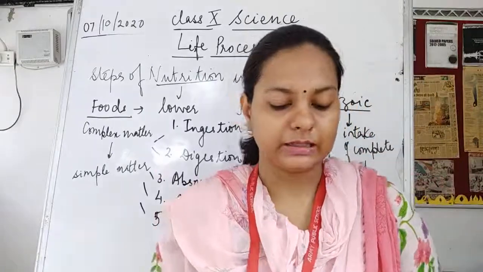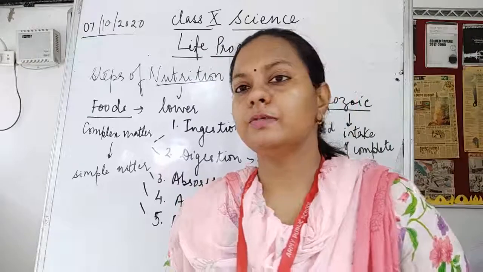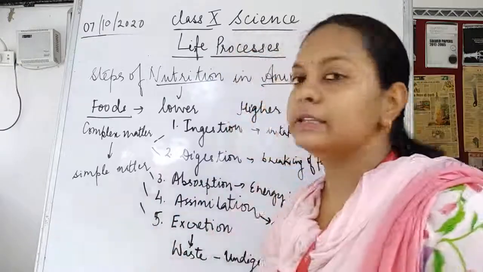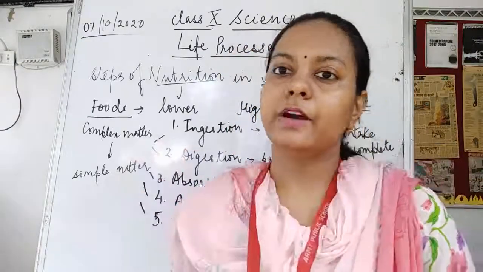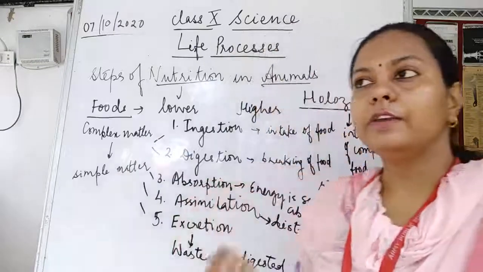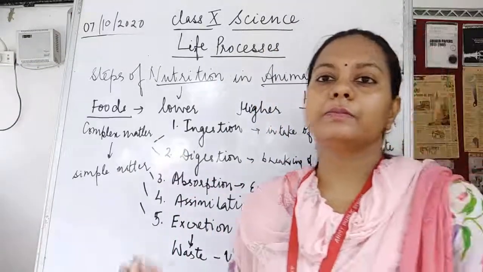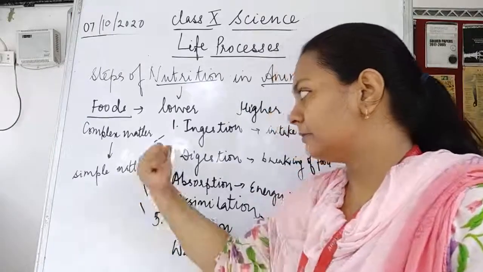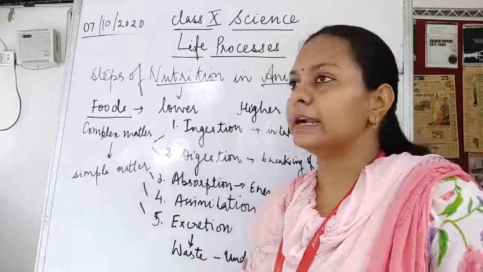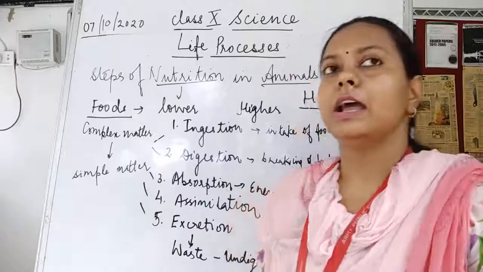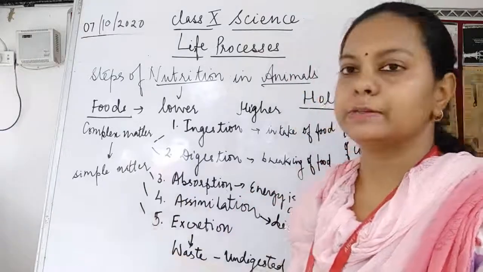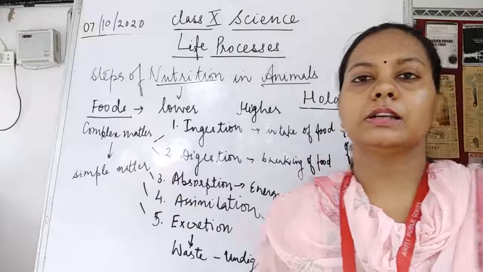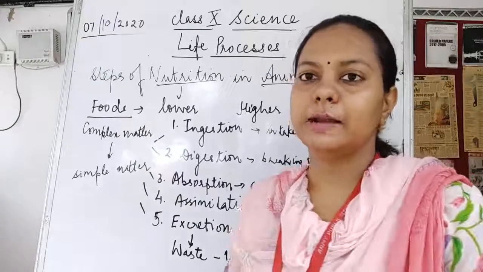The steps of nutrition will remain the same, please remember, and the basic function of food will remain the same. If food is getting synthesized, then complex material is getting converted into simpler materials, and for conversion we require these steps. Okay, so with this we have completed the chapter, children.